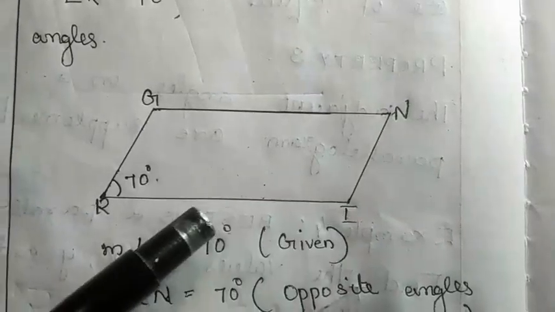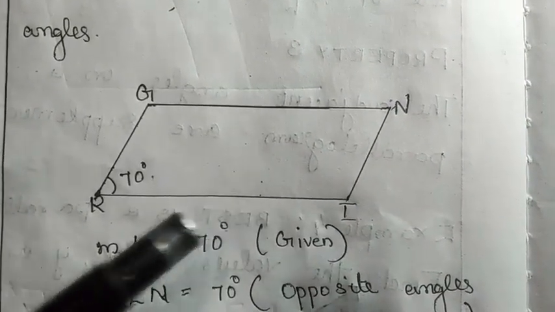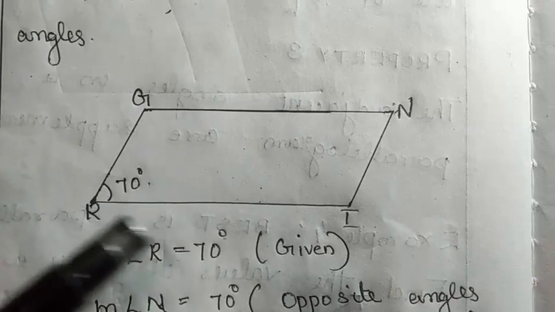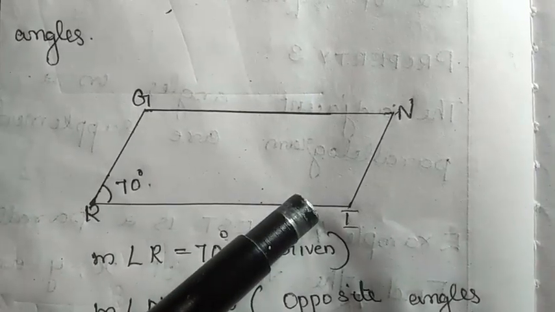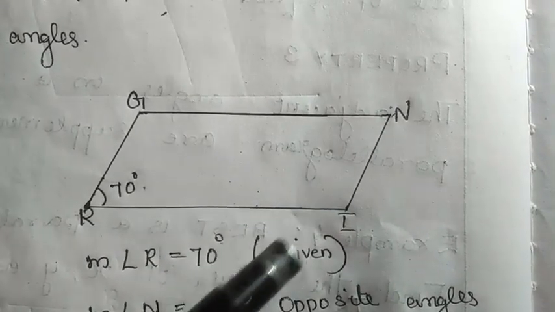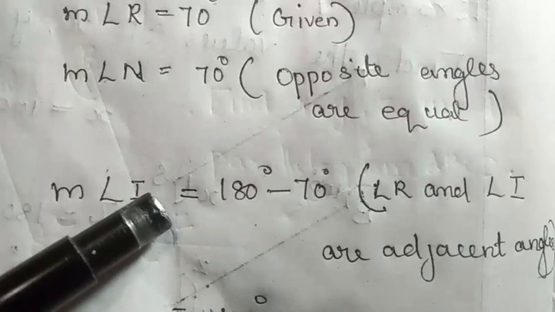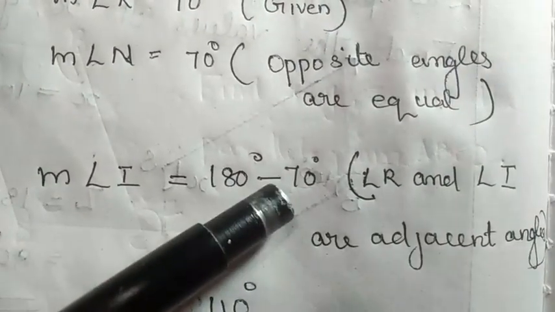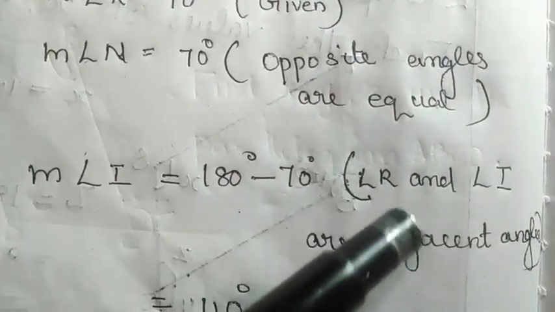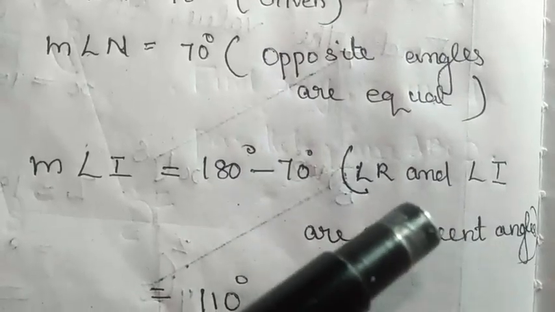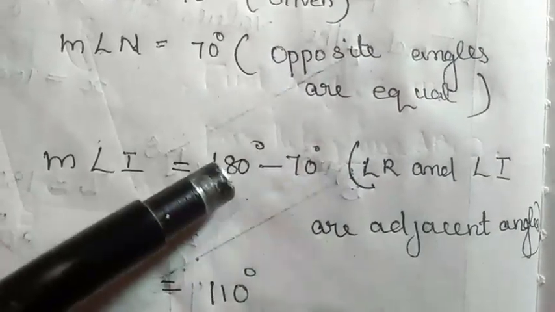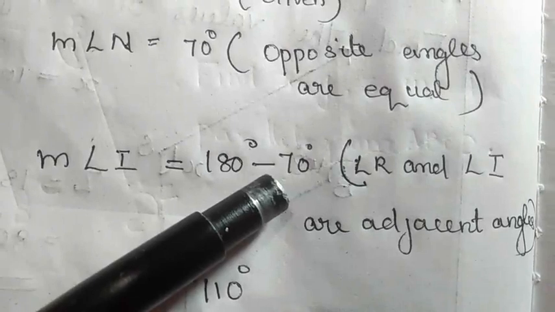That means their sum is 180 degree. If one angle is given, the other angle we will get by subtracting that angle from 180 degree. That means measure of angle I equal to 180 minus 70 because they are adjacent angles. Adjacent angles are supplementary. So, from 180 we subtracted.